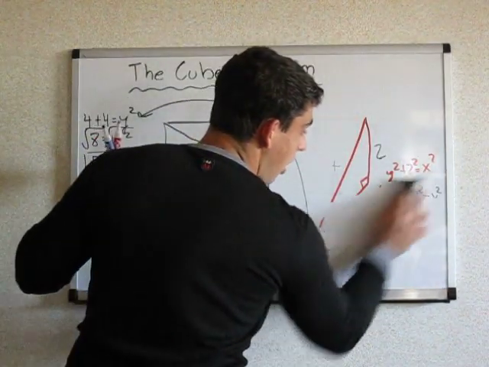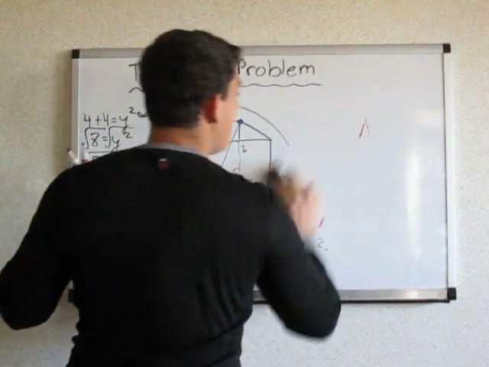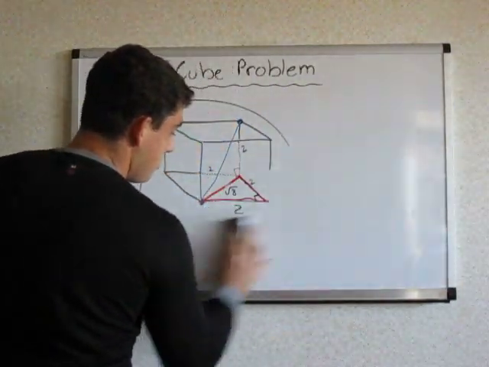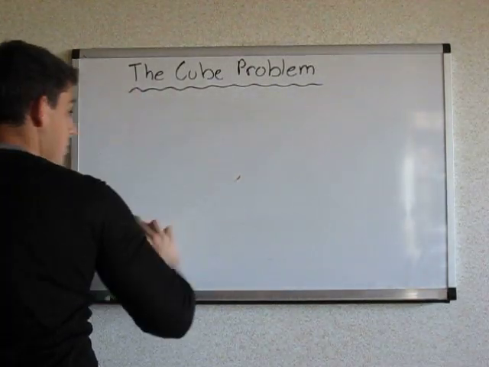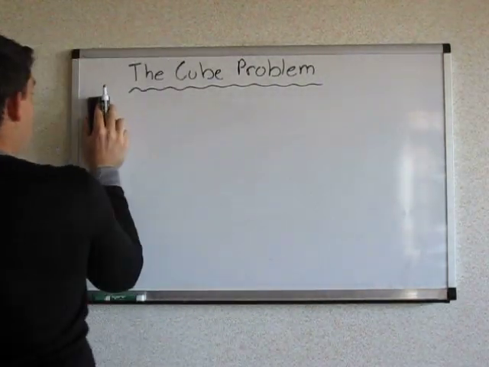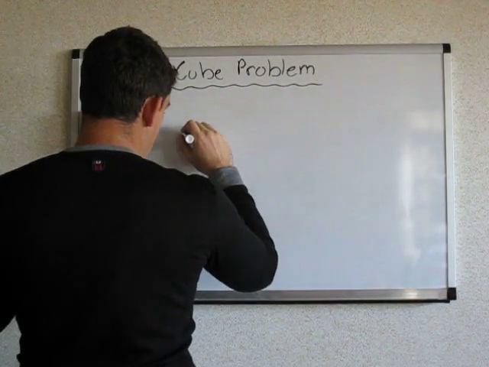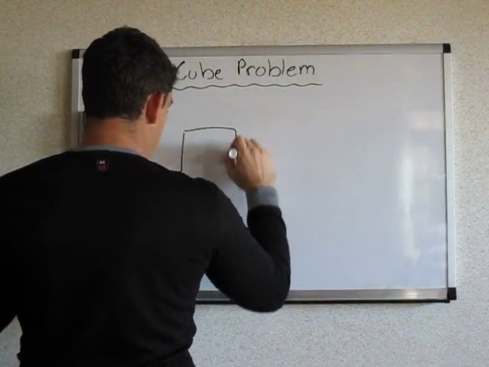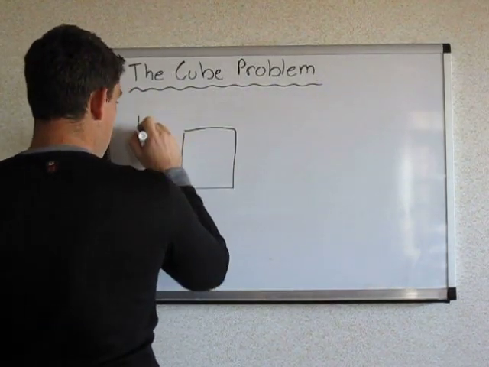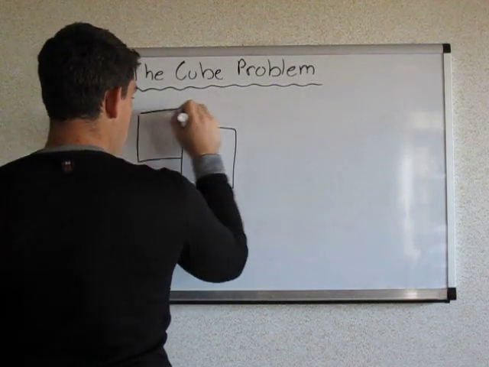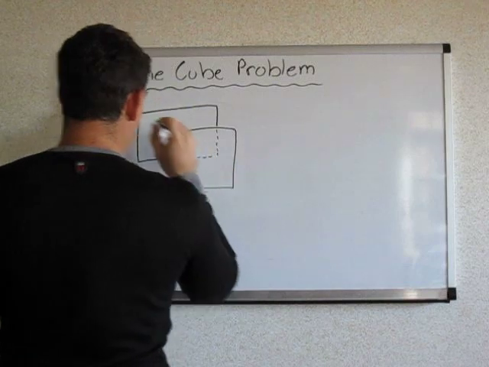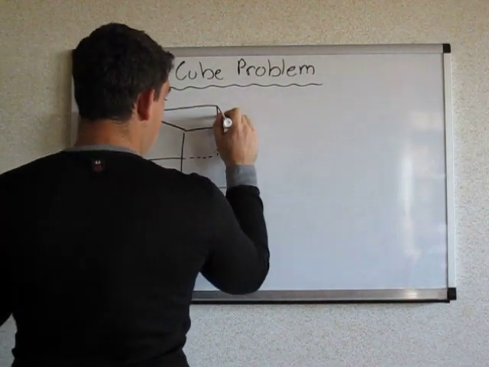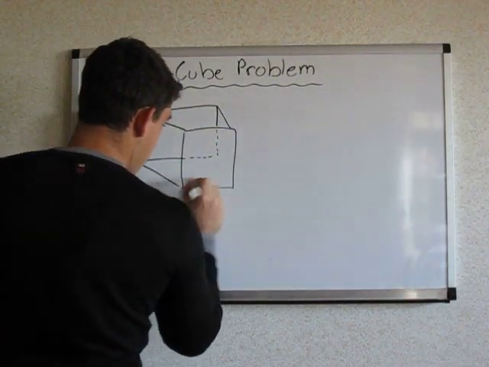I'll give you guys the problem to do for yourself, and you guys can email me your answers, and I will separately email you the correct answer. This will not be a cube, this will be a rectangle.